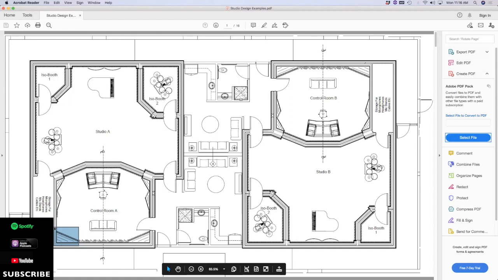So what I was going to show you, there's 2 layers of absorption on the leading edge. It's Owens Corning 703 on the front, and then sandwiched right behind it is 703 FRK, which has the foil. And then behind that is just regular Pink Panther insulation, because it's way less expensive.